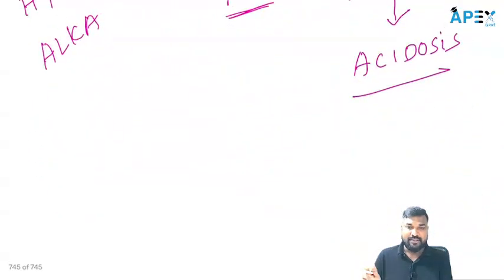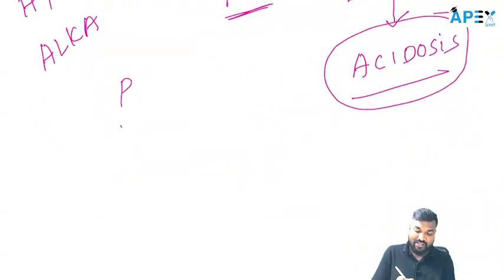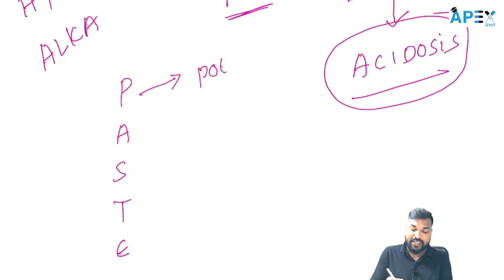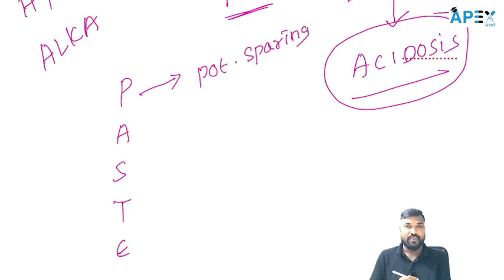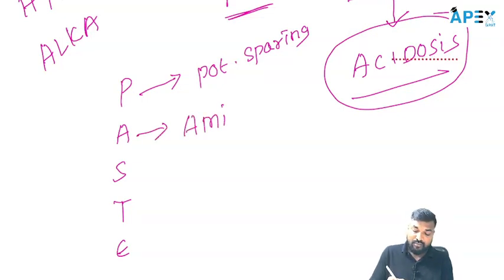Those drugs you can remember with the mnemonic PASTE. P means potassium sparing diuretic. A means amiloride. S means spironolactone.